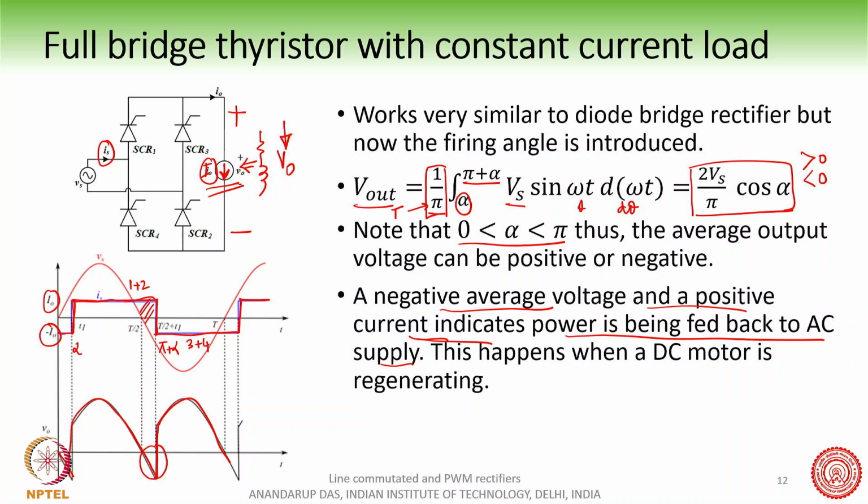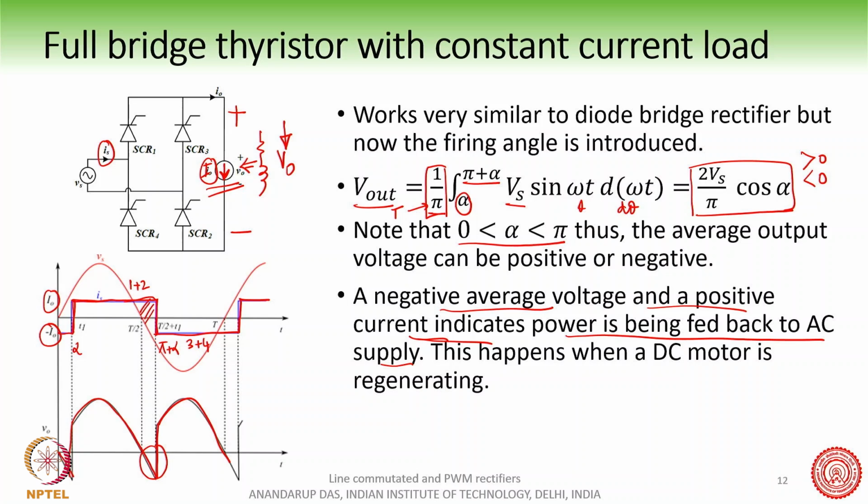In particular when a motor is regenerating. Since these thyristor rectifiers are used for DC motors, when the DC motor is regenerating, basically it is sending back its energy into the supply. So the motor is actually braking, or the speed is falling down, and the kinetic energy of the motor stored in the rotational part is being transferred back to the AC supply.